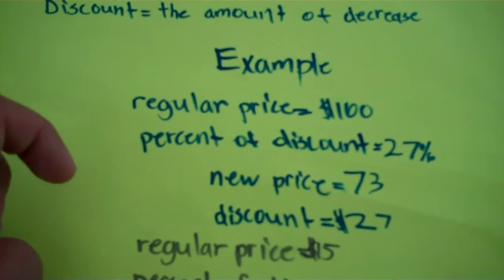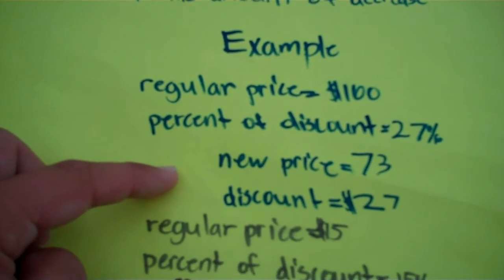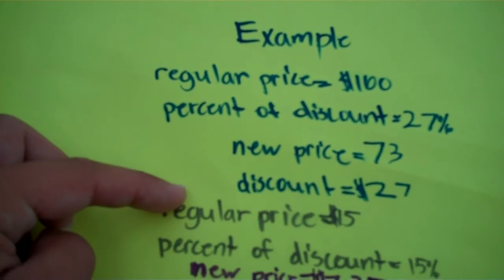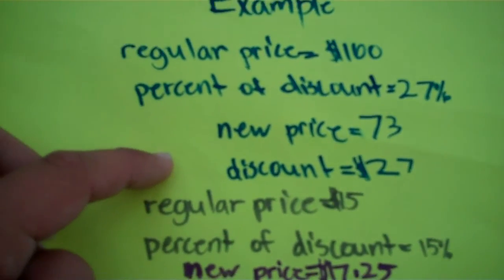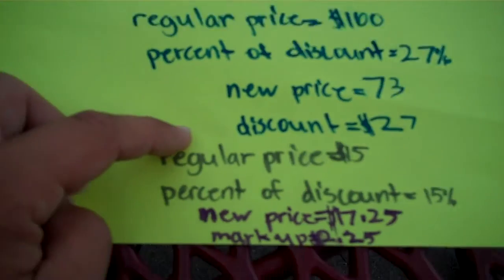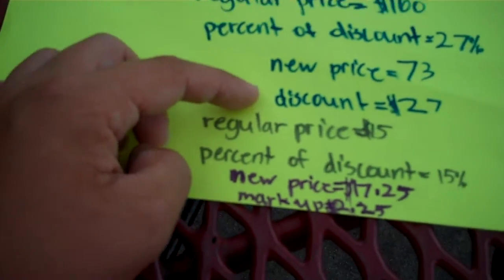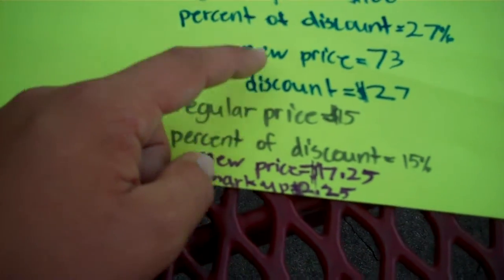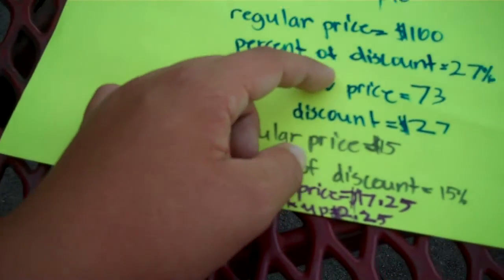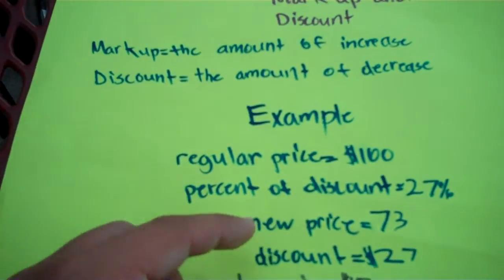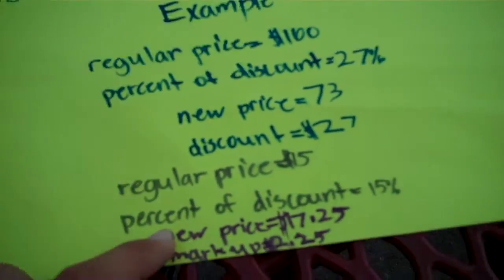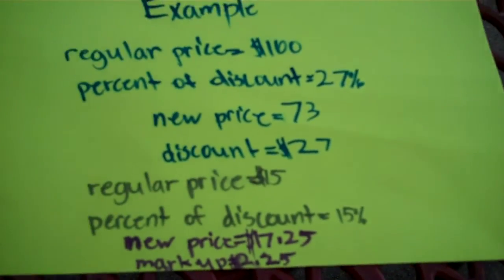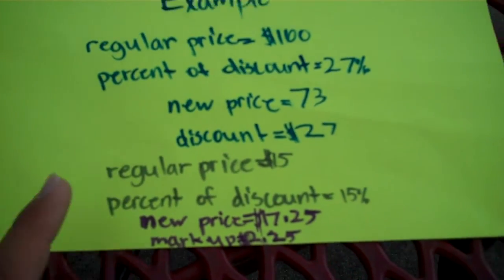And that would equal 27. And when you do that, that's how much the discount is. But if you want to find the new price, you'd have to subtract 27 from 100, which equals 73. For markup, you have to do the same exact thing except add at the end.